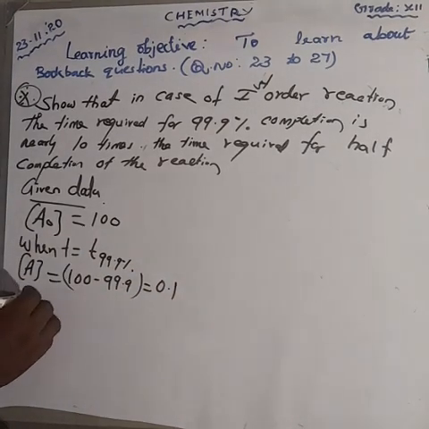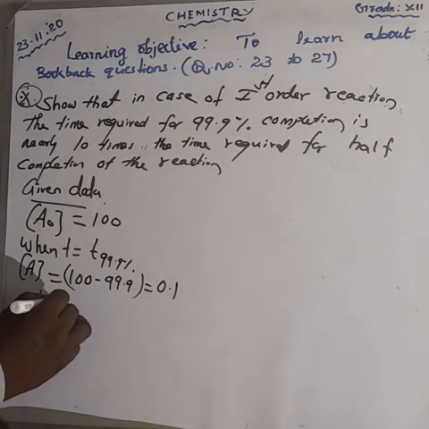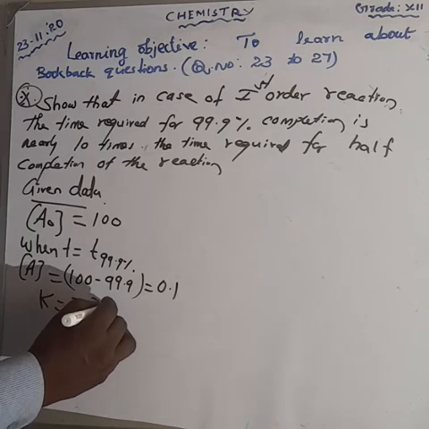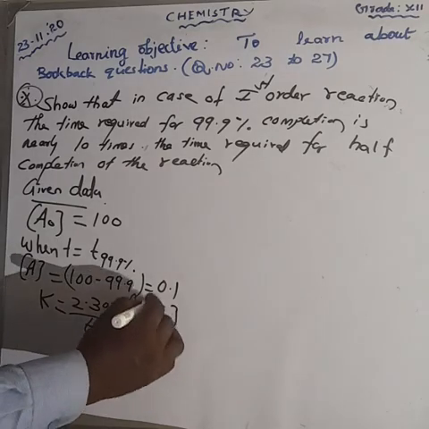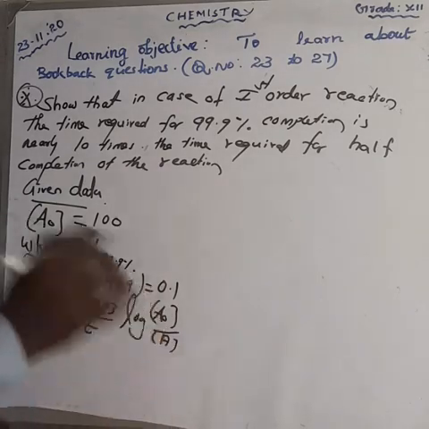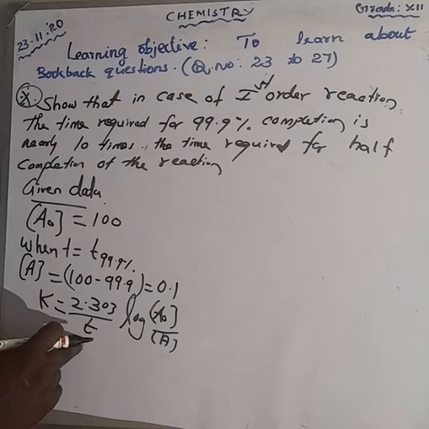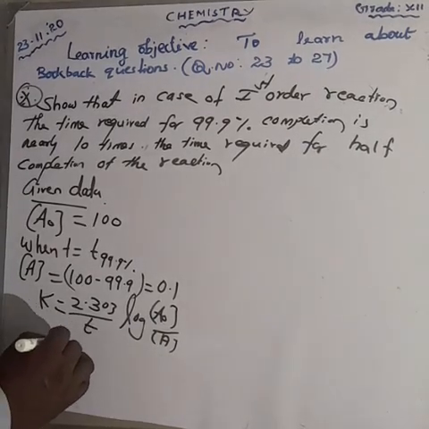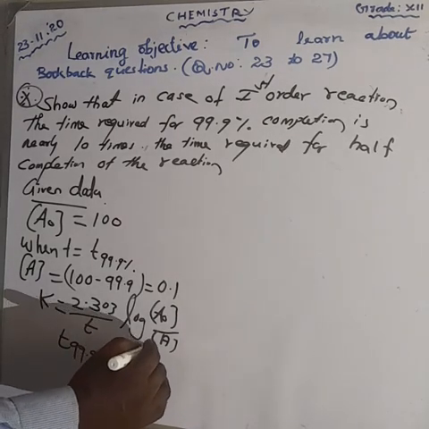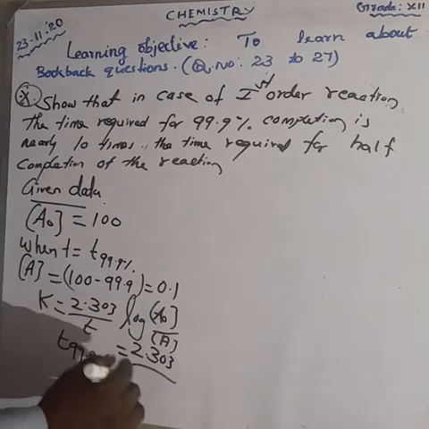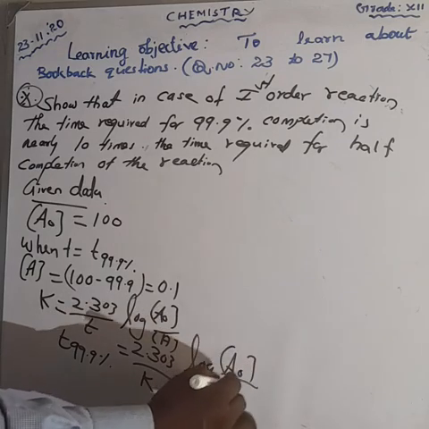What is the formula applicable for this reaction? K is equal to 2.303 by t log of A naught by A. This is the formula we can apply. So t 99.9% equal to 2.303 by K log of A naught by A.